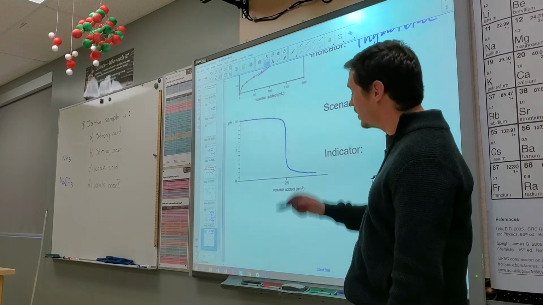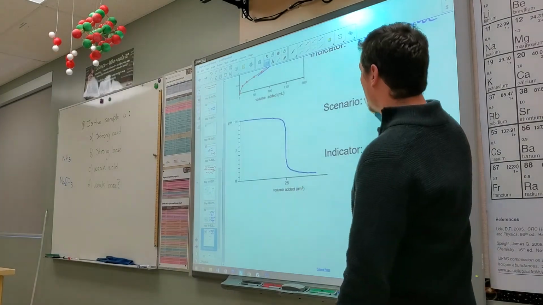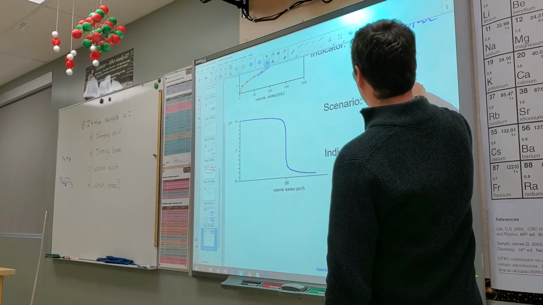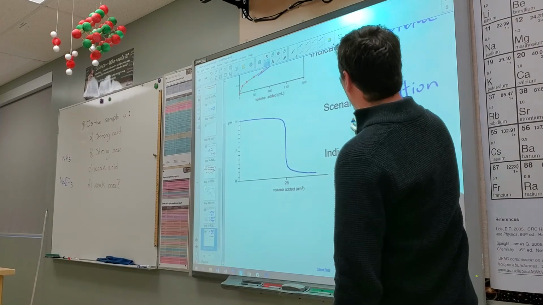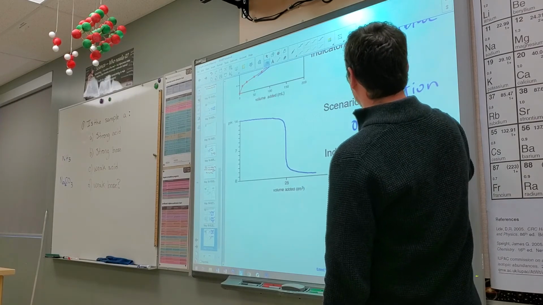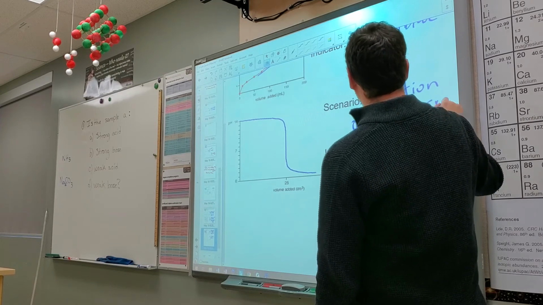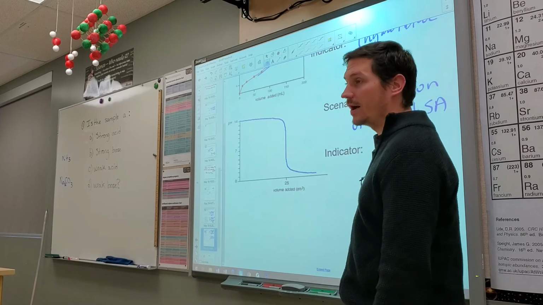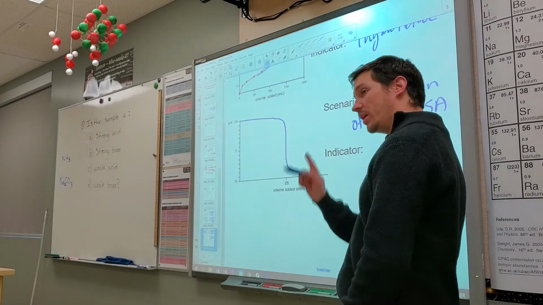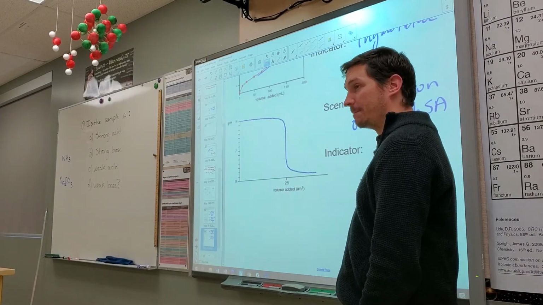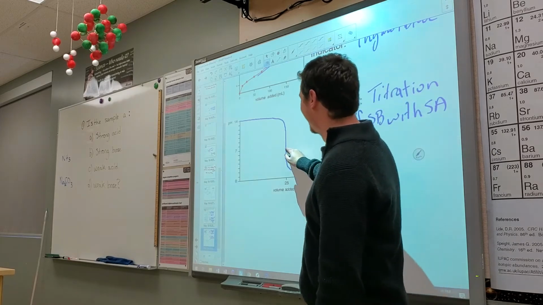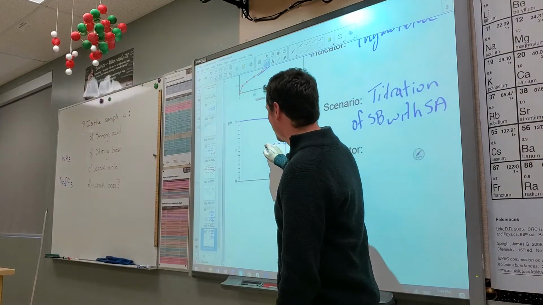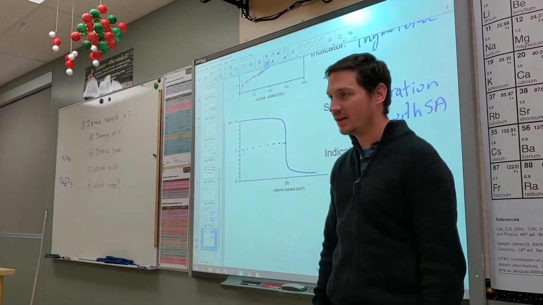Okay, take a look at this one. This is the titration of a strong base with strong acid, right? Give me 2 reasons why. Wim, give me 1 reason. The equivalence point is at a pH of 7, right? And what's the other reason?